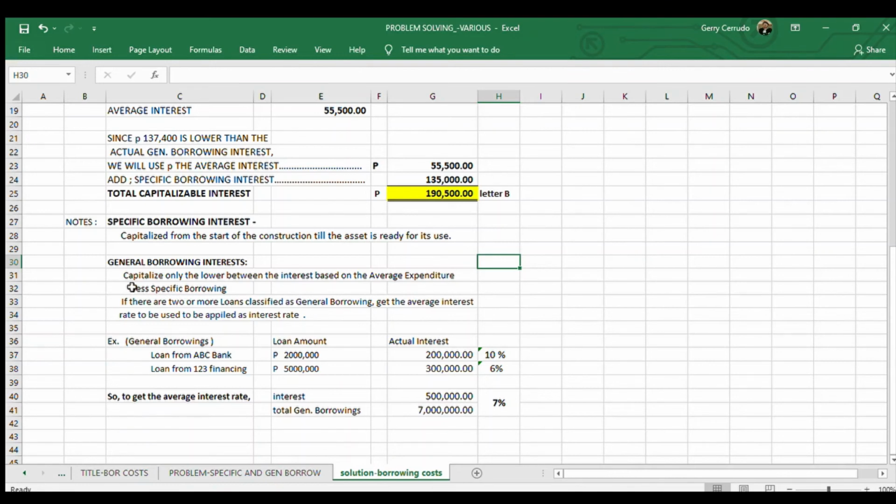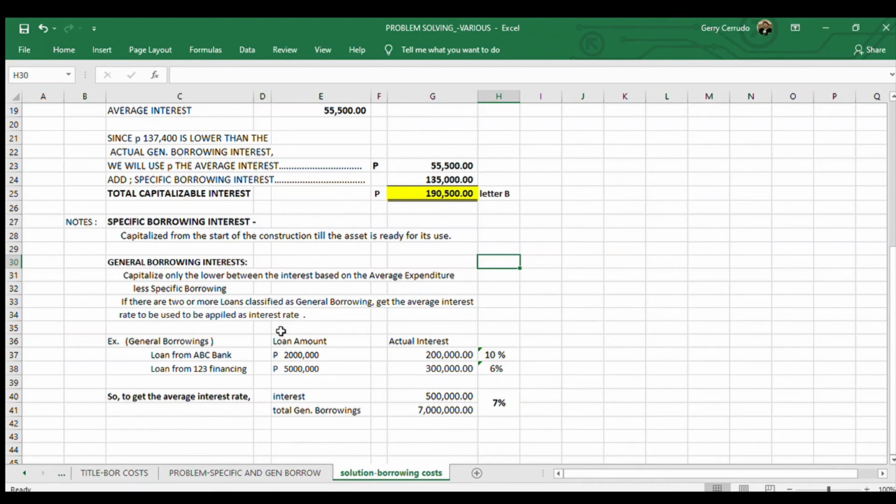Okay, as said here, capitalize only the lower between the interest based on the average expenditure, less specific borrowing. So, yung average expenditure, tinanggal muna natin yung specific borrowing, saka natin in-apply yung interest. If there are two or more loans classified as general borrowing, get mo muna yung average interest rate to be used at to be applied as interest rate.